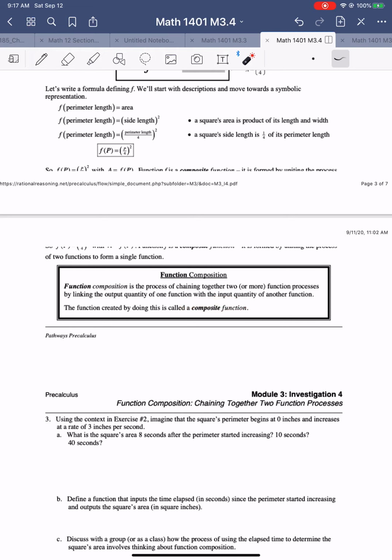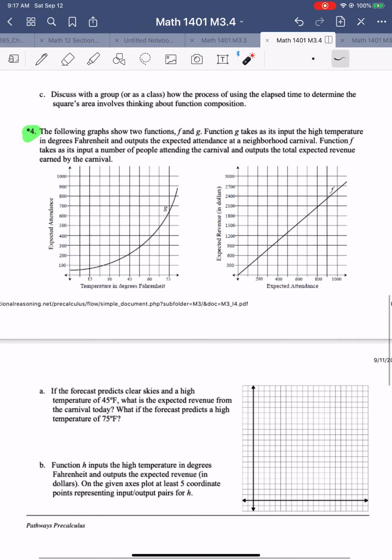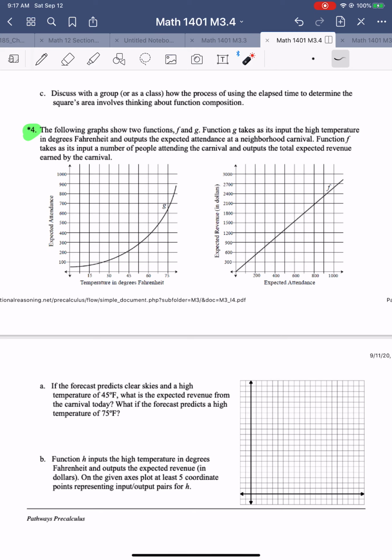Okay, let's look at number 4. Number 4 gives us a very good idea of what the composite function is. The following graph shows two functions, f and g. Function g takes as its input a high temperature in degrees Fahrenheit, and the output is the expected attendance at the neighborhood carnival. Function f takes as input the number of people attending the carnival, and the output is the total expected revenue, the money that they make.